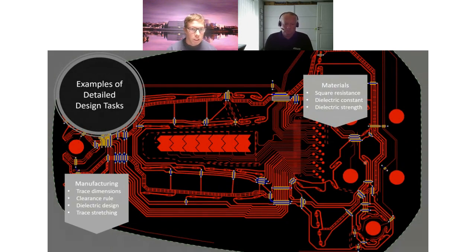On the manufacturing side, trace dimensions are defined mainly by printing. So trace width, clearances, and design rules for those come from the printing methods. We need to design dielectric, so again, printing sets certain requirements for how the dielectric design should be.